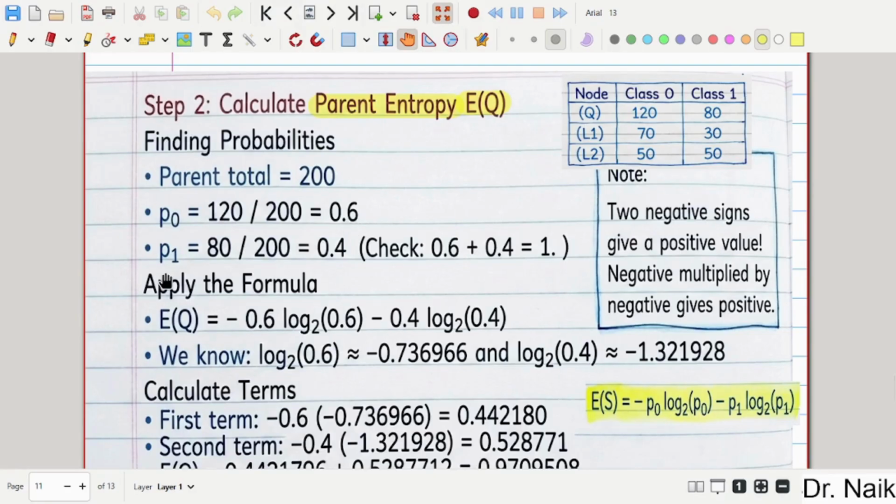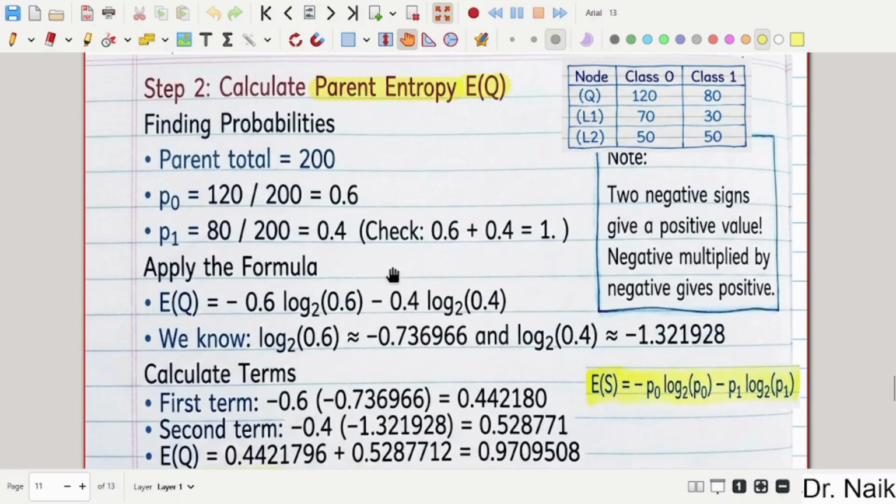P1 is the probability of class 1. The number of points that belong to class 1 in the parent node is 80, so 80 divided by 200 is 0.4. Now check: 0.6 plus 0.4 is 1, so our calculations are correct. Now substitute these values in the entropy formula.